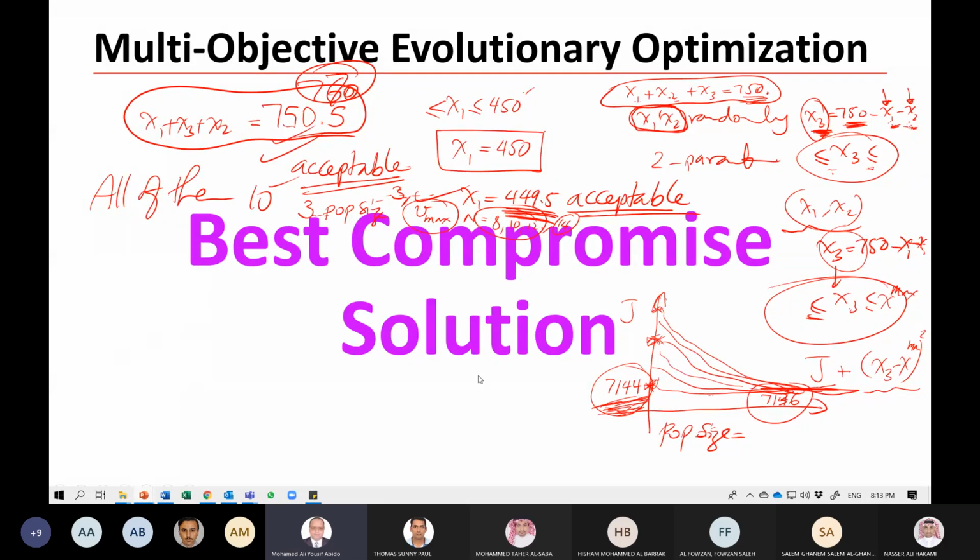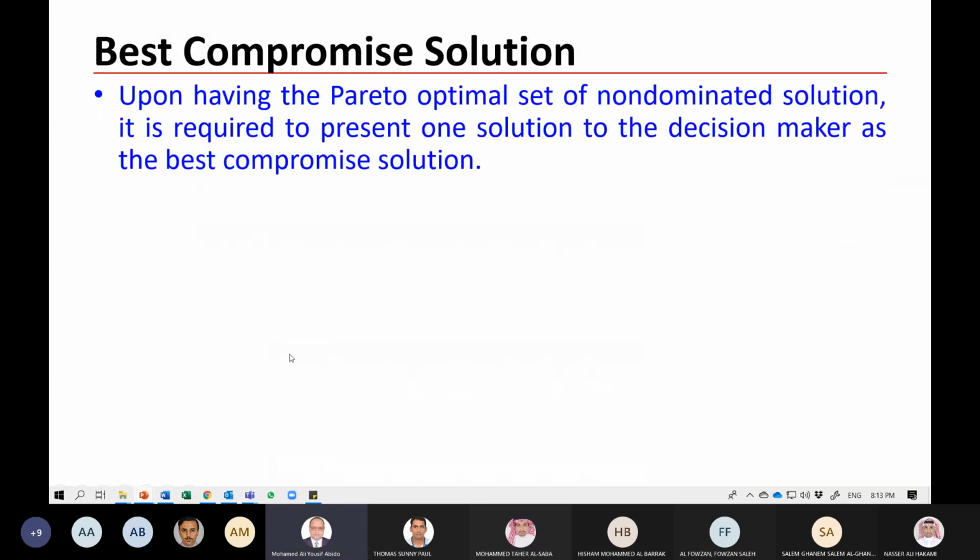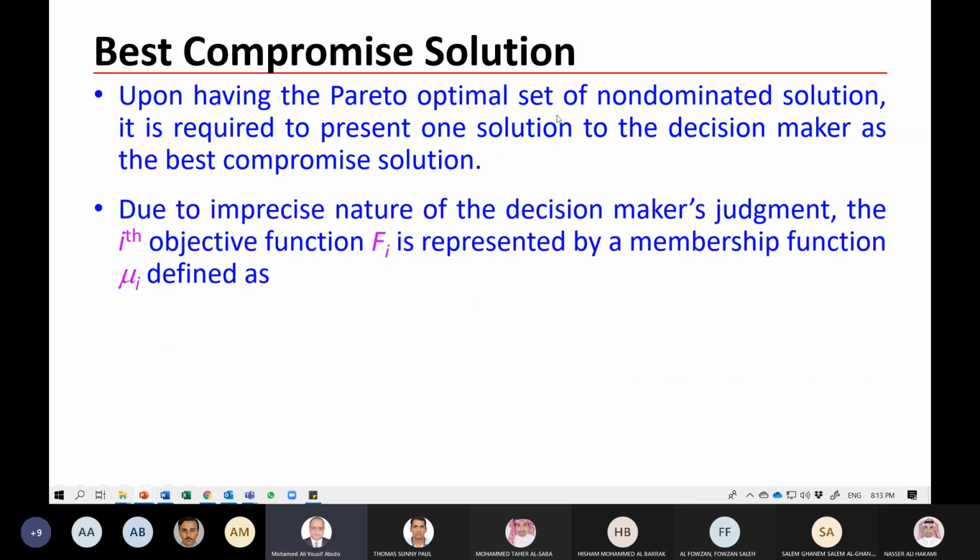So how to extract this best compromise solution? We have several methods. Here we discuss one method, which is straightforward. Upon having the Pareto set of non-dominated solutions, it is required to present one solution to the decision maker as the best compromise one.